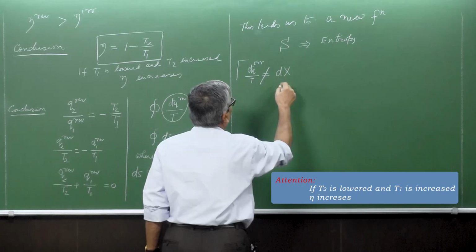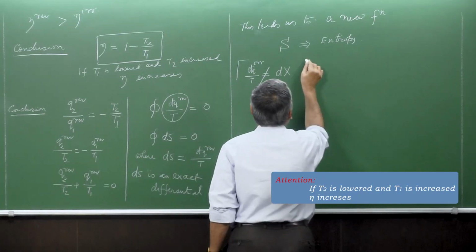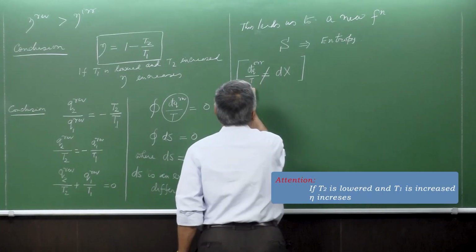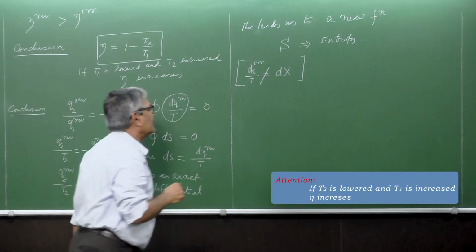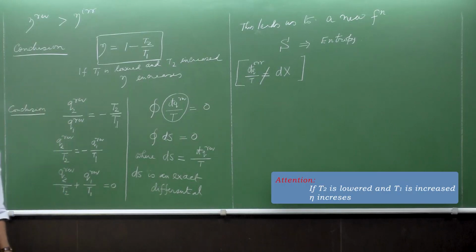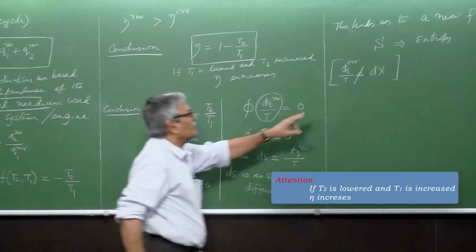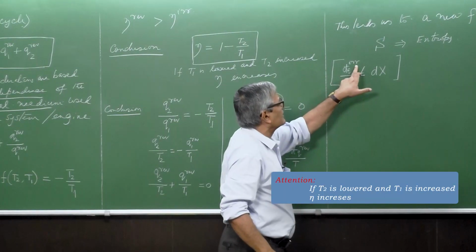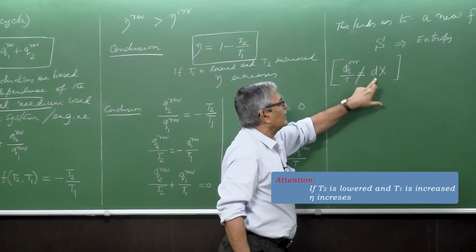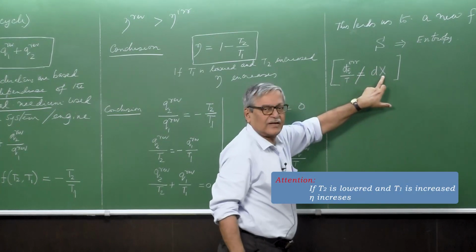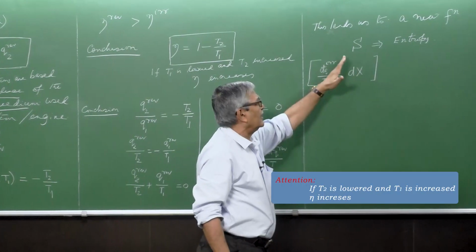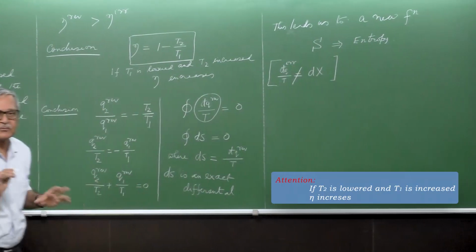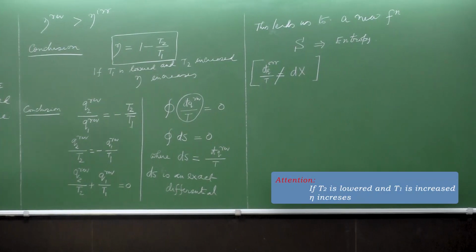We cannot write this kind of function, because this is always an inexact differential. dq irreversible by T, you cannot write it as a differential of some function x. That's why I have put it not equal to. So, such a thing cannot be written.